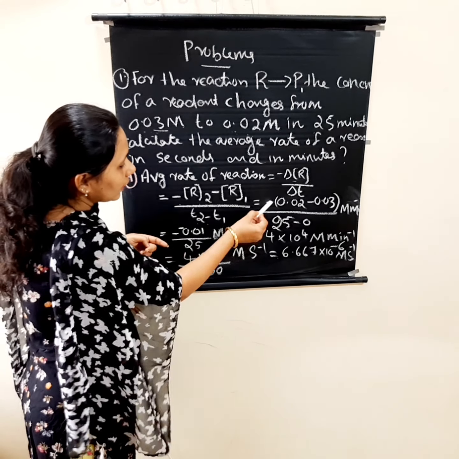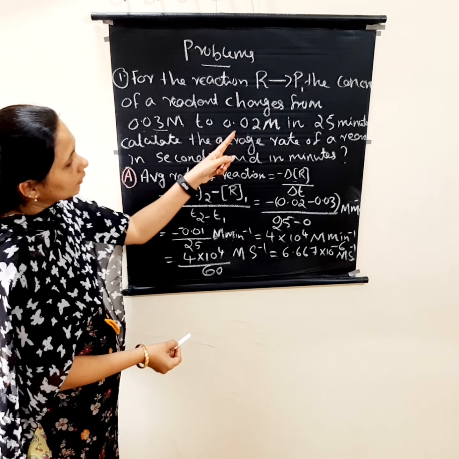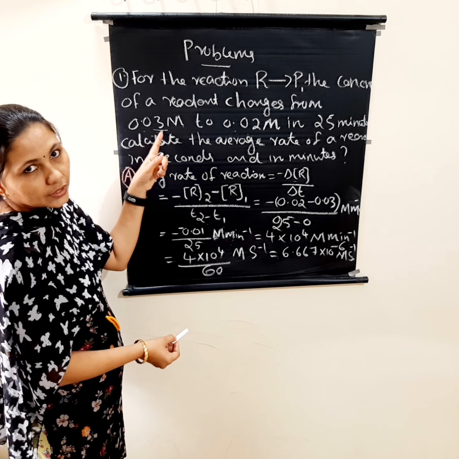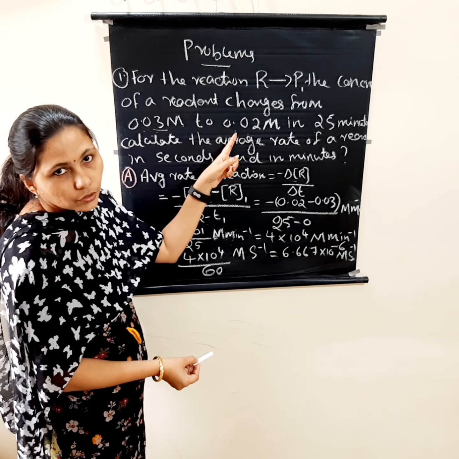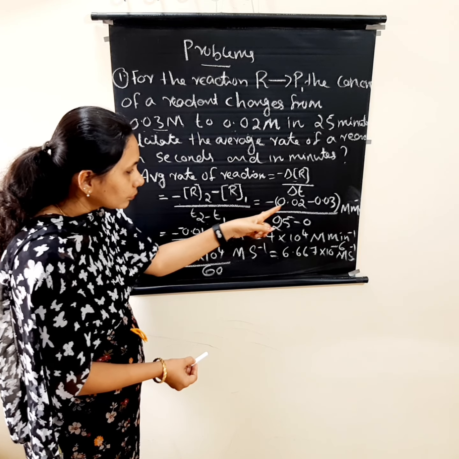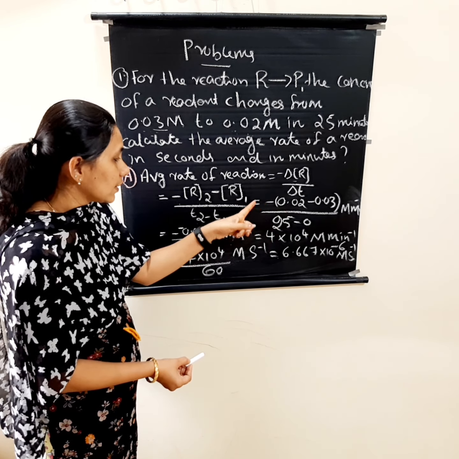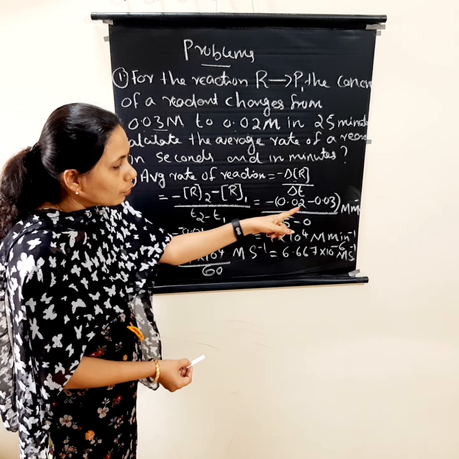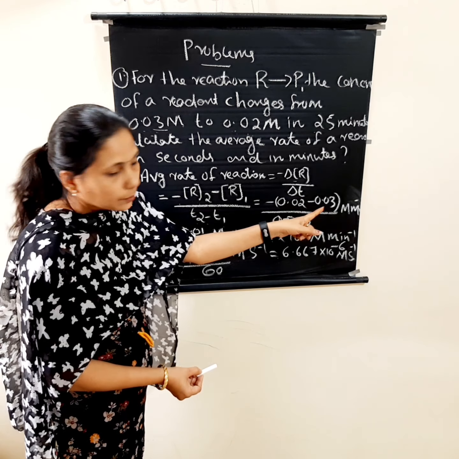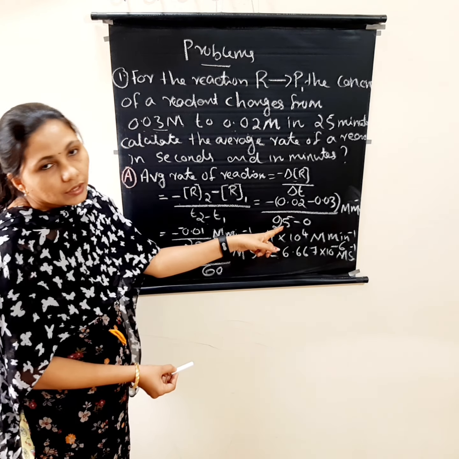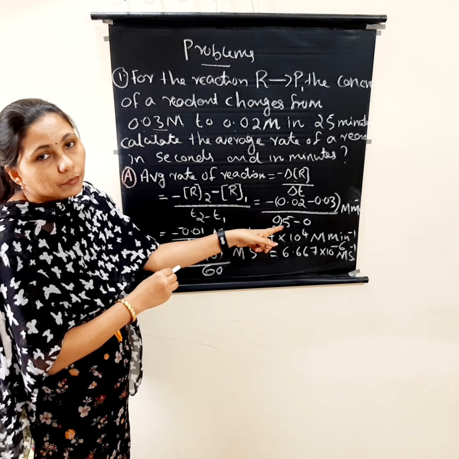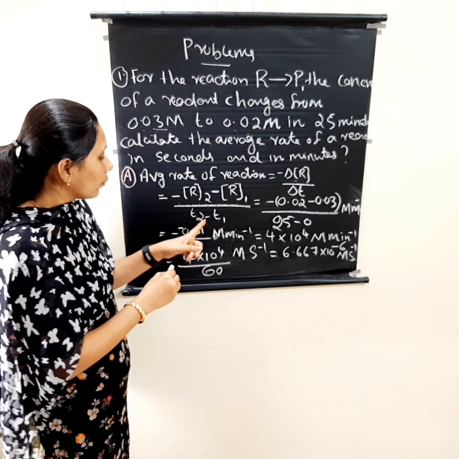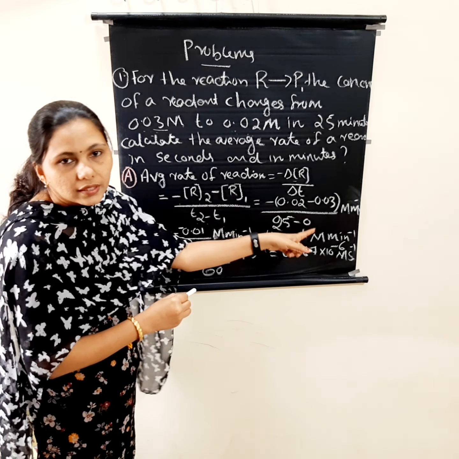Here the initial concentration was 0.03 molar and the final concentration is 0.02 molar. So minus, final concentration 0.02 minus initial concentration 0.03, divided by the time, 25 minutes is given. The initial time we have to consider as 0, so final time 25 minus initial time.